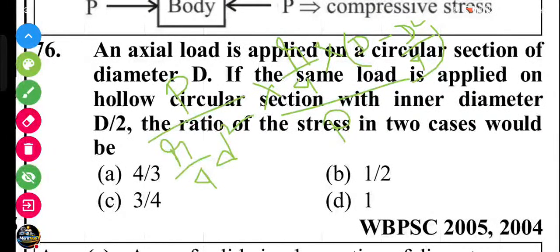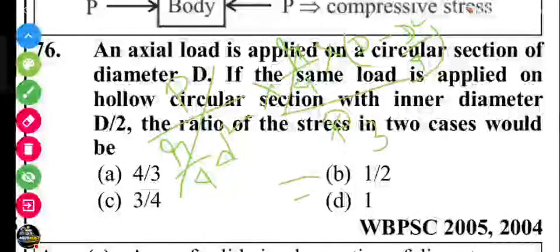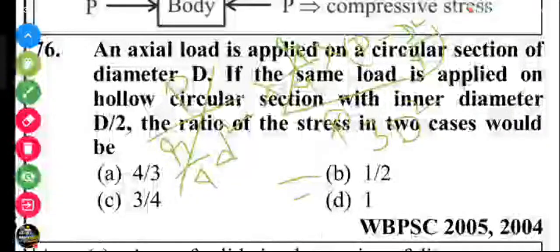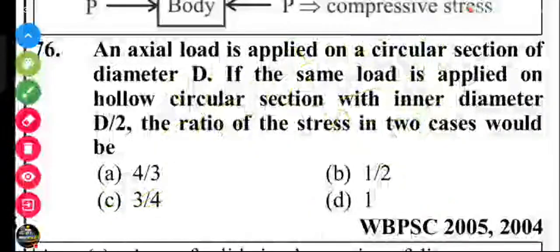So this cancels, and the remaining is 3 D square by 4 D square. So 3 by 4 is the answer.